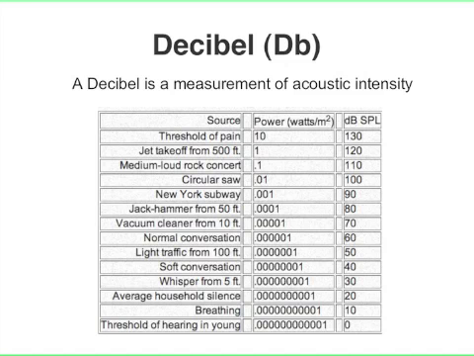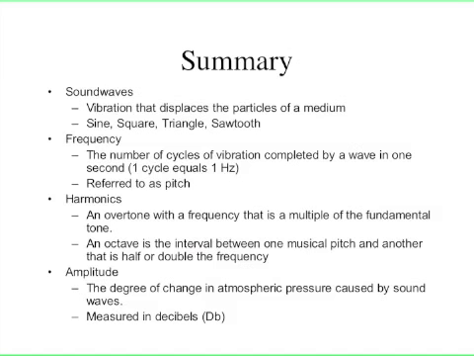So you see here the range of decibels. Look into further explanations of the formula behind decibel, but know that decibel is a measurement of acoustic intensity, of the intensity of sound. It's a measurement of the amplitude.